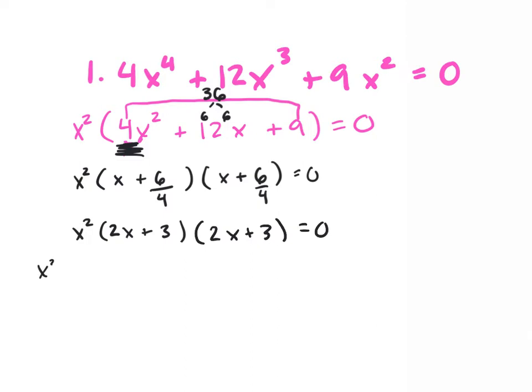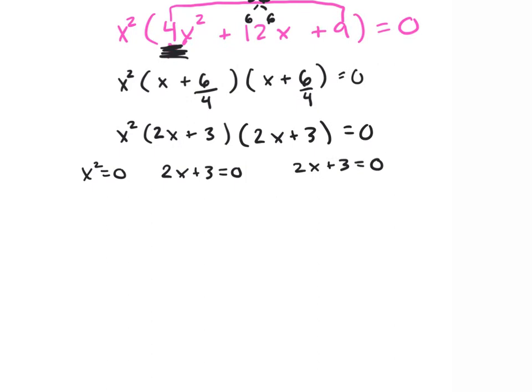Set everything equal to 0, because here we are solving. On the test tomorrow, make sure you read the directions, and if it says to solve, you have to do one step further than factoring, and actually find what x is equal to. A lot of people on the quiz just factored and forgot to solve.